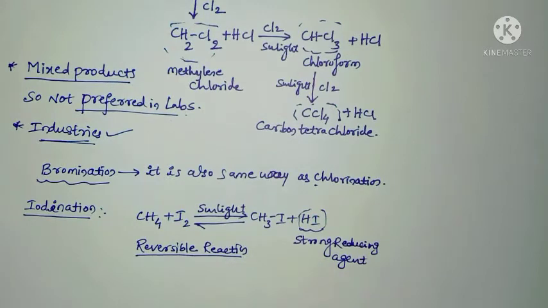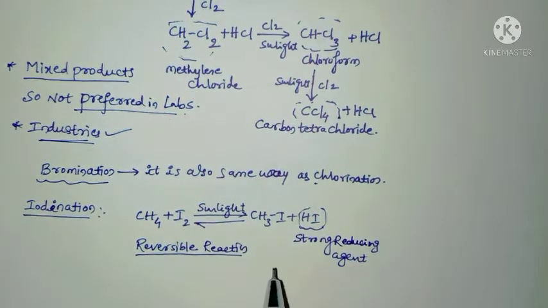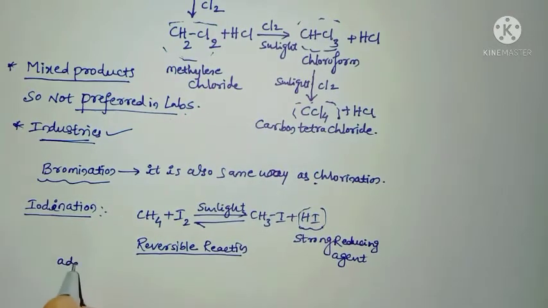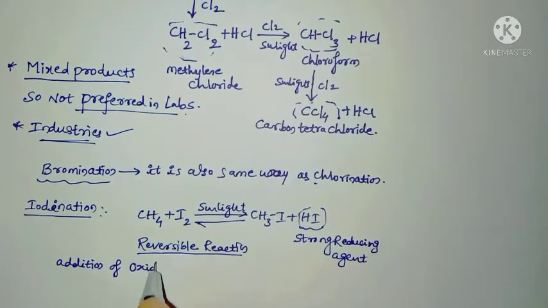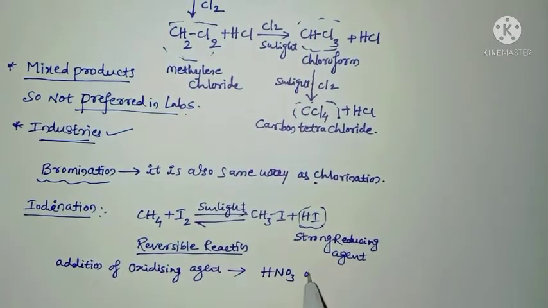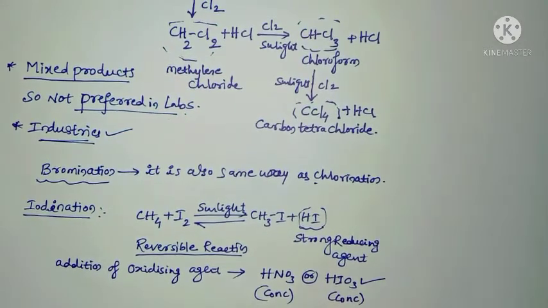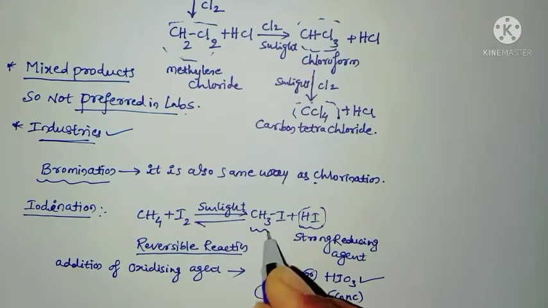In order to avoid this reversible reaction, we add an oxidizing agent. We use concentrated HNO3 or concentrated HIO3 in the reaction to get the methyl iodide.